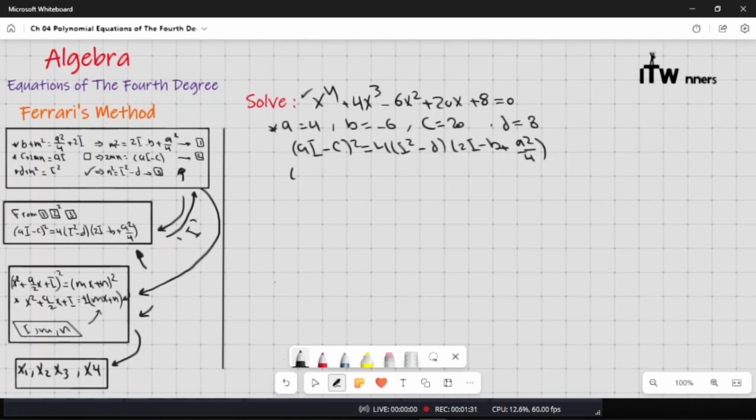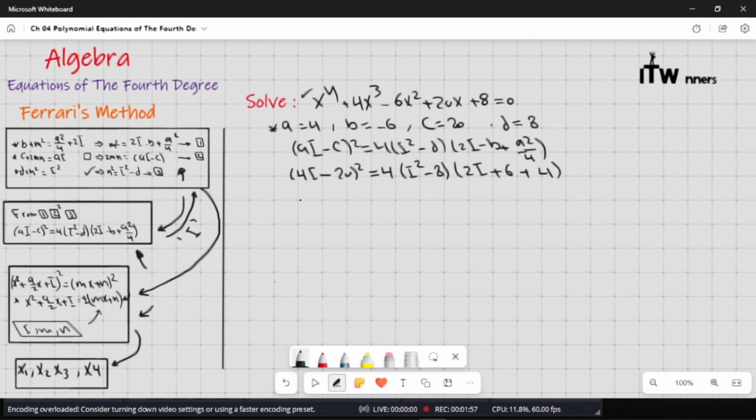So we have (4i minus 20) squared will be equal to 4 i squared minus 8 into (2i plus 6 plus 4).